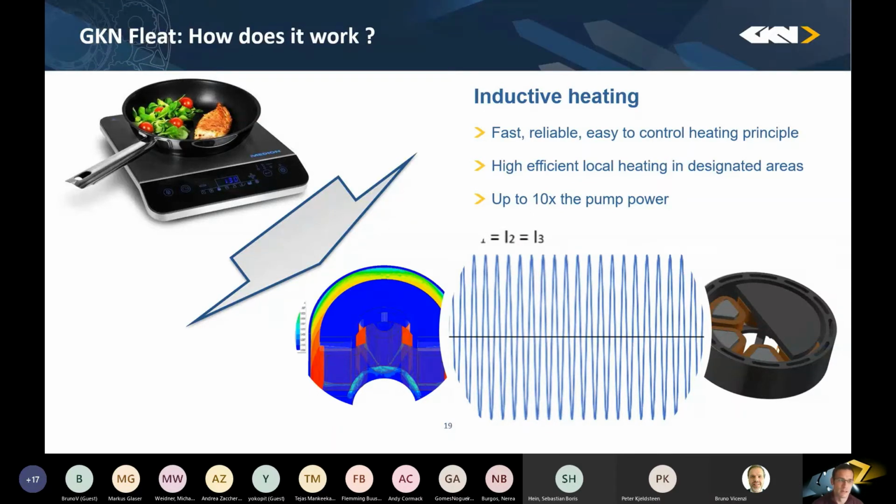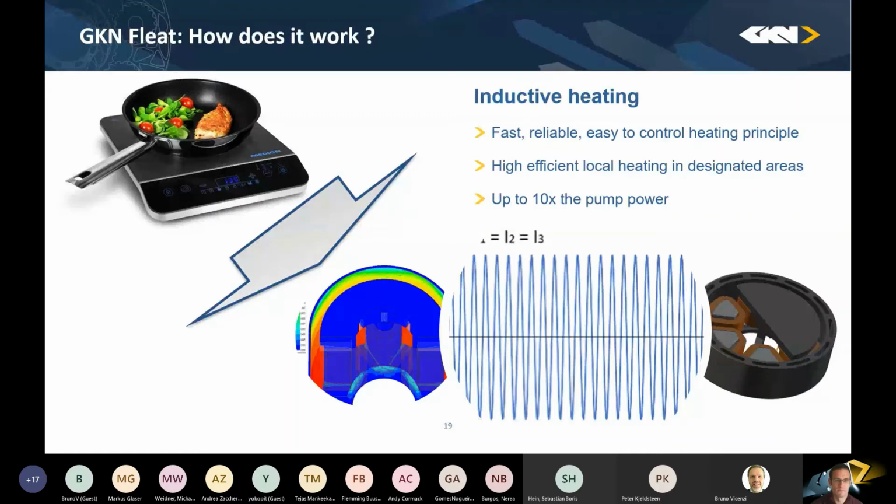And so with this technology and the adaptation to our motor, we find a very efficient way to locally heat up the fluid, whichever it is, if it's water, if it's urea or anything else. And we can adapt it to specific areas to heat up only that kind of fluid which we really need.